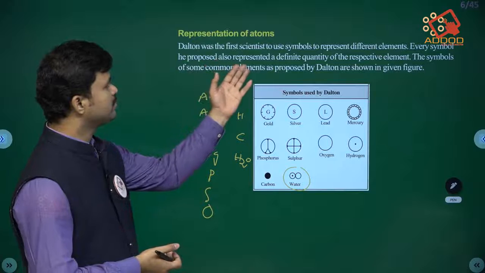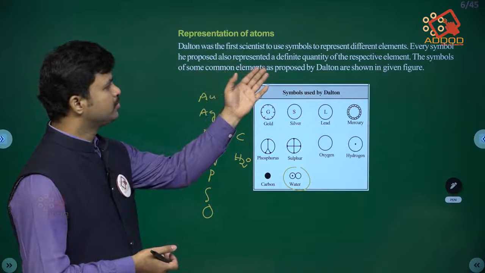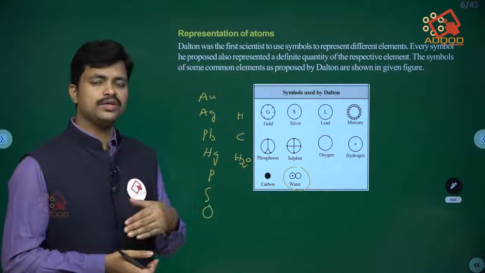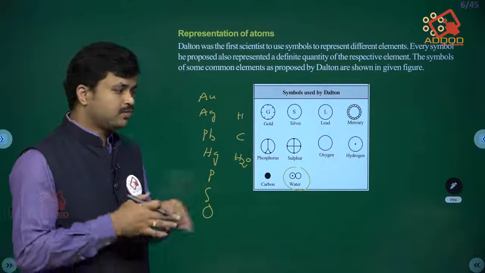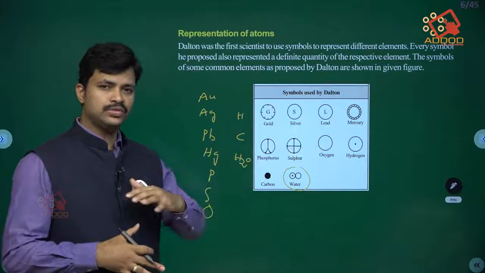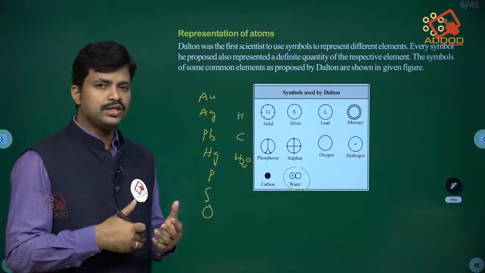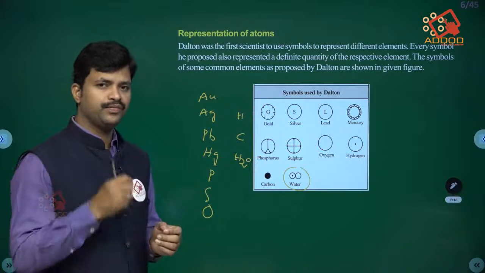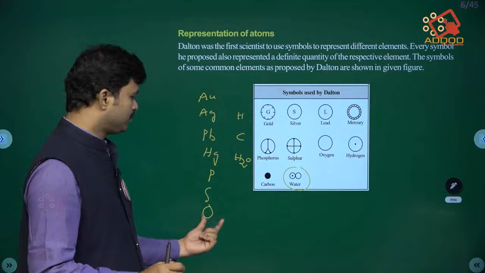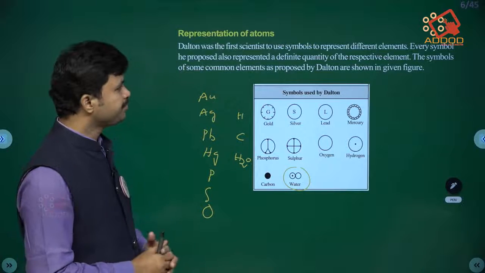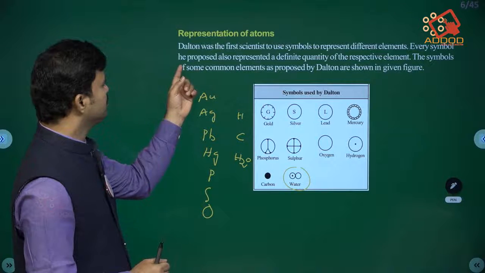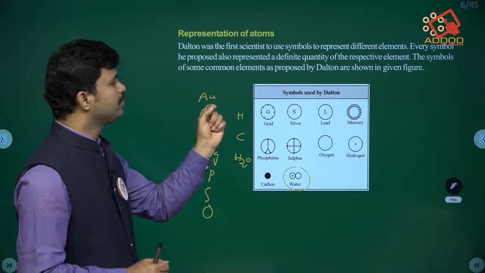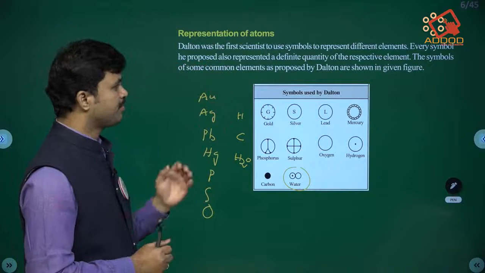Dalton was the first scientist to use symbols to represent different elements. Dalton initiated it. After that, different people made their own attempts. But of course, the symbolic representation was not beneficial. It was not an easy approach. Then Berzelius introduced this kind of notation, the modern notation. Every symbol he proposed also represented a definite quantity of the respective element.